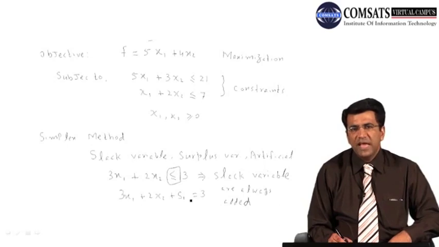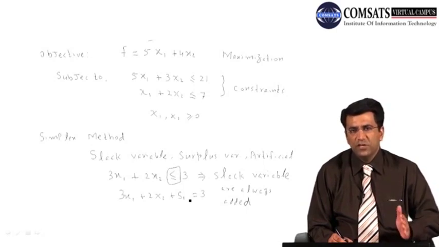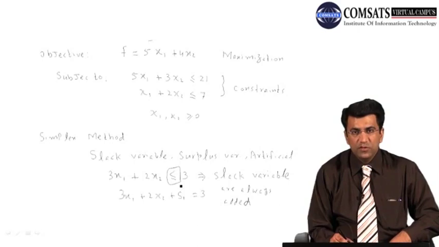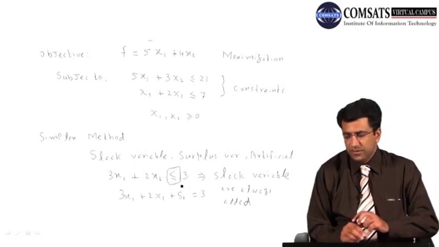The concept of a slack variable is that it is a small quantity added on the left hand side so that both sides of the inequality become equal. This is generally used in the simplex method of solving linear programming problems. It should be remembered that we only add slack variables in the case of less than or equal to forms. This is a very important point, students.